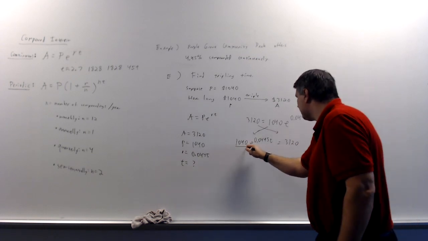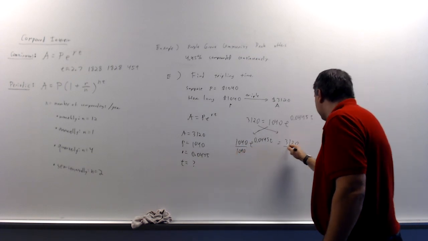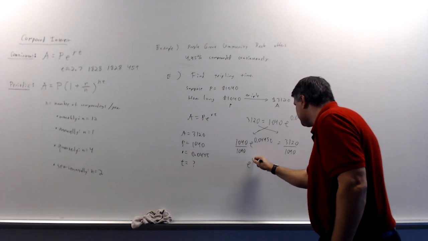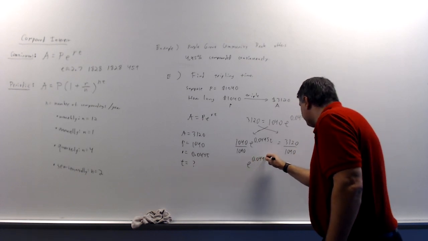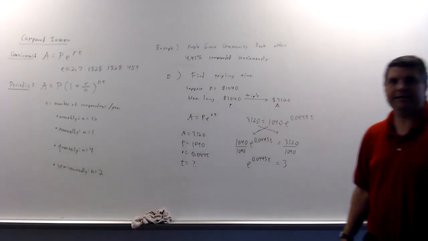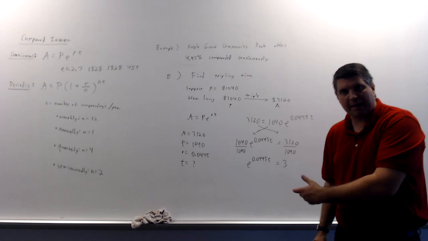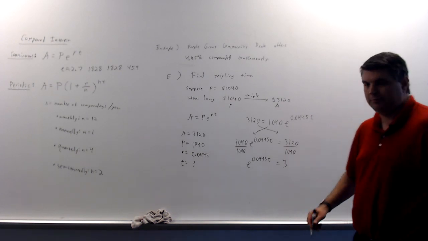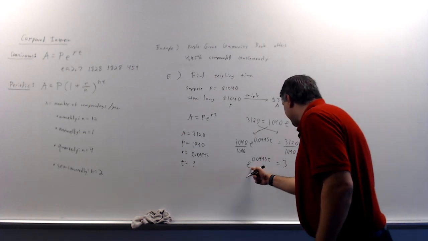Divide off the 1,040, and I'm left with e to the 0.0445t power equals 3. Doubling time, you end up with 2. Tripling time, you end up with 3. If you ask for quadrupling time, you end up with 4. So that's e to an unknown power.